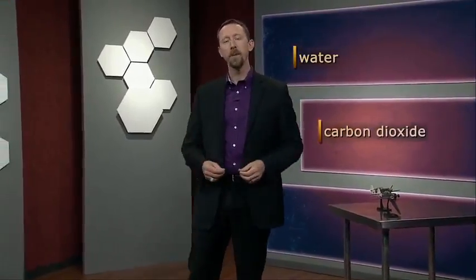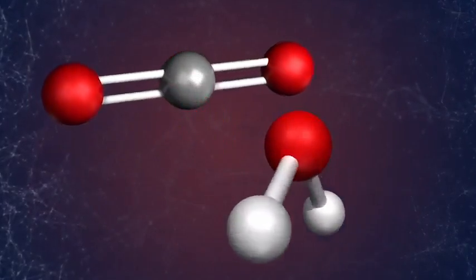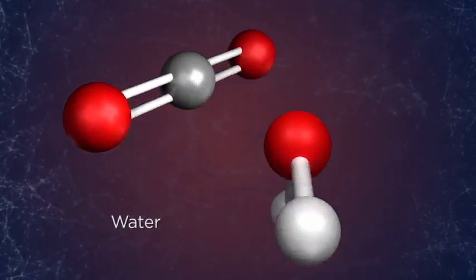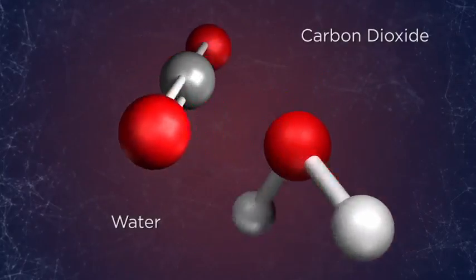Consider this: water and carbon dioxide, familiar materials to us all, both essential to life in many, many ways. Now, these are some of the simplest compounds possible, each consisting of just 3 atoms. Yet, water is found as a liquid at room temperature, and carbon dioxide is gas at all but the most frigid of temperatures.